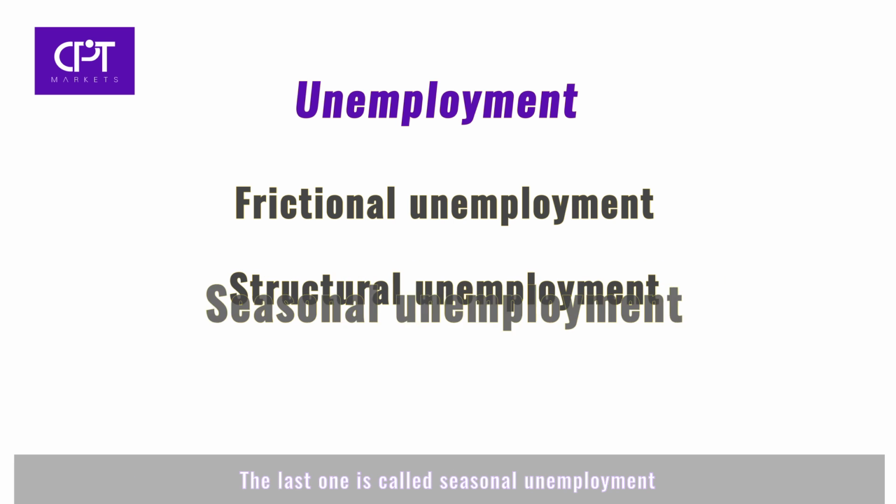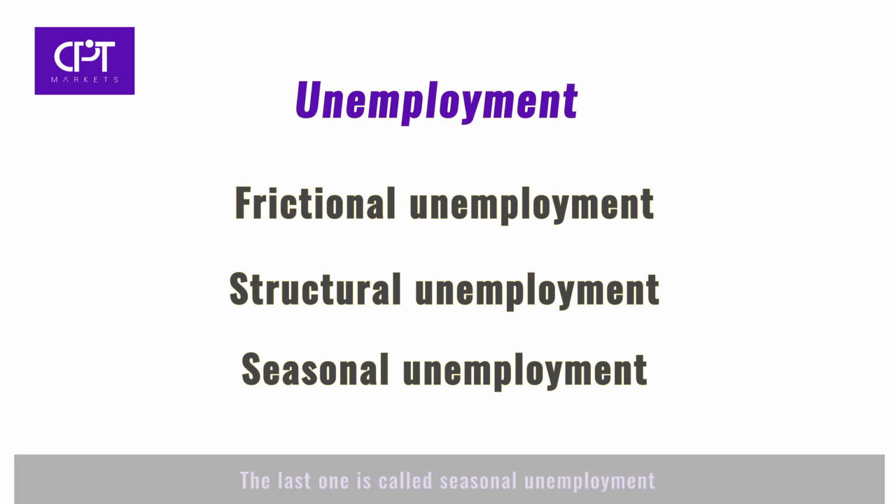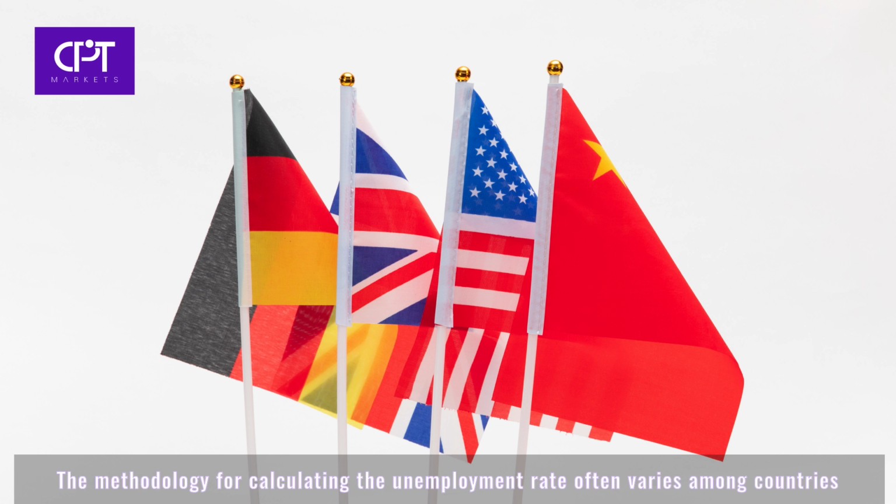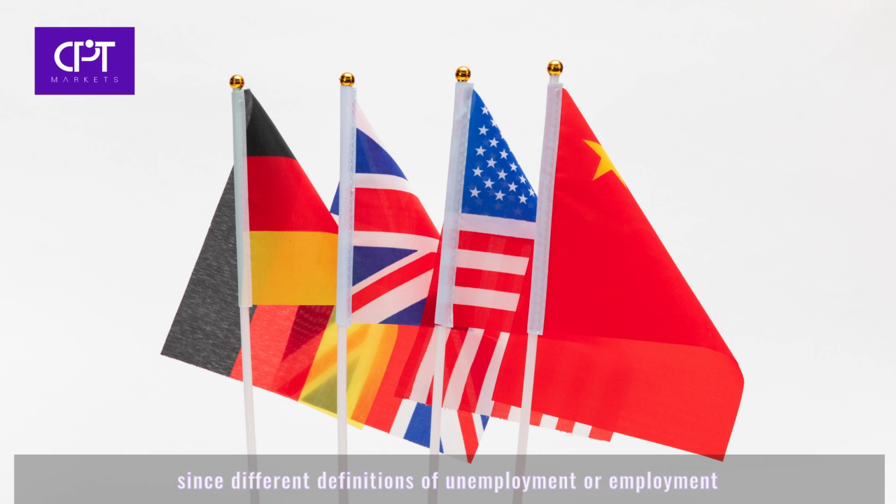And the last one is called seasonal unemployment, and is caused by seasonal patterns in economic activity, such as harvesting or tourism. The methodology for calculating the unemployment rate often varies among countries, since different definitions of unemployment or employment, as well as different data sources, are used.